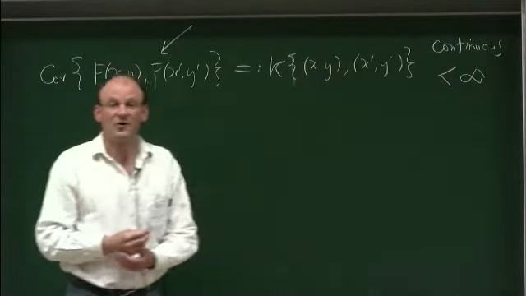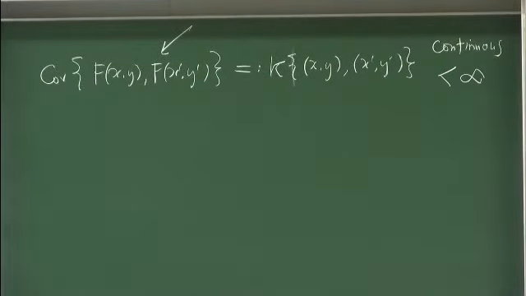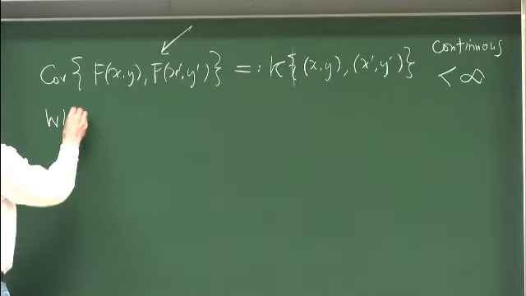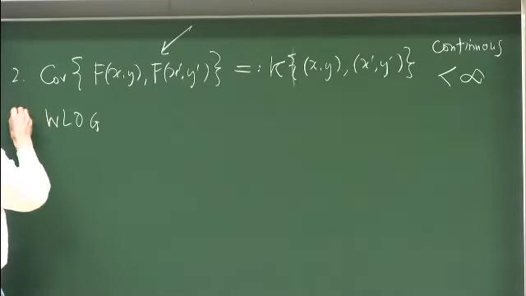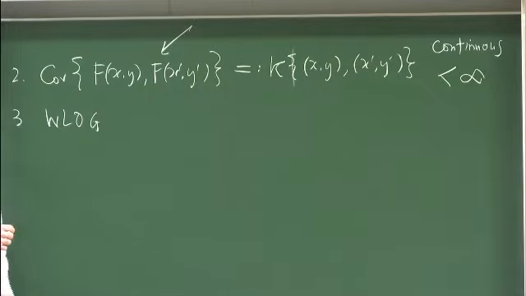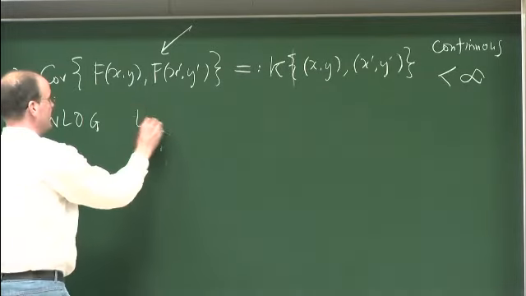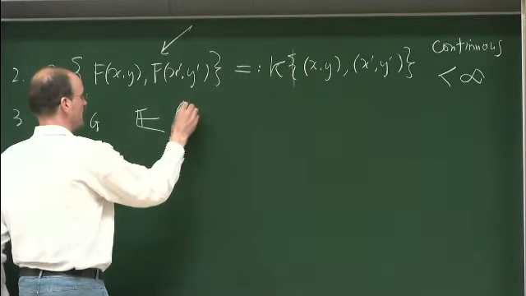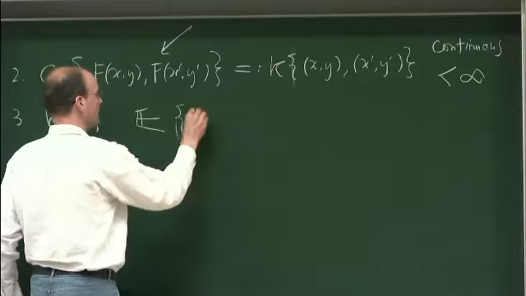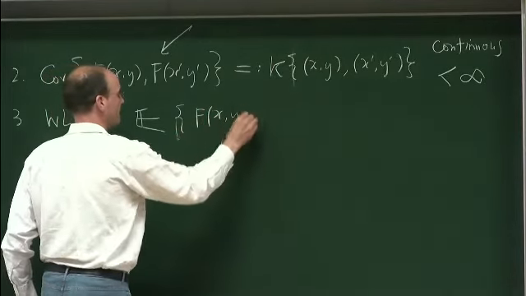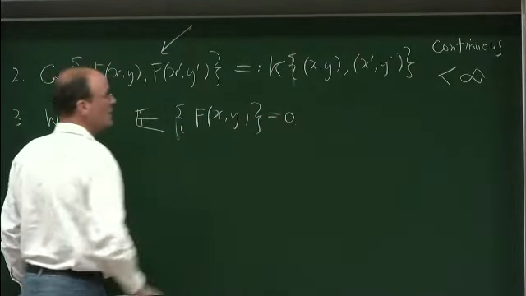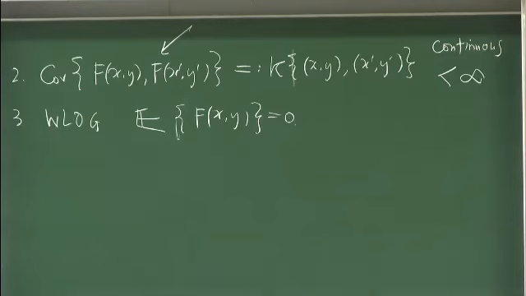So we are dealing with processes that have finite second moments. And then, without loss of generality, we're also going to take the mean off. We're going to subtract the mean function so we do not have to worry about it.